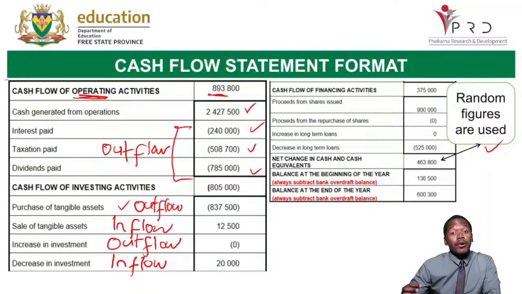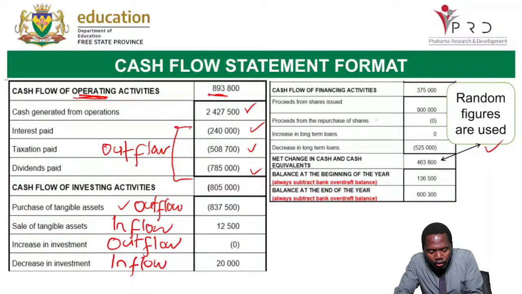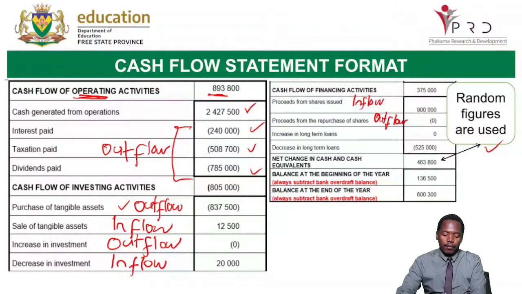And then we also have the repurchase of shares. Now, the repurchase of shares will always remain to be an outflow. The proceeds from shares issued will always remain as an inflow.